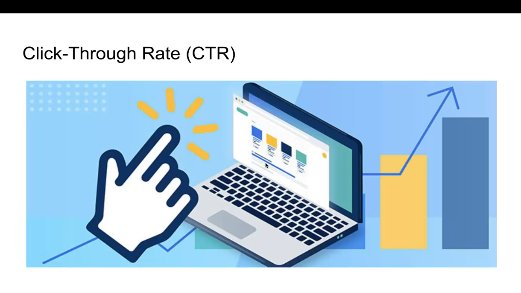If you want your Google Ads or other pay-per-click campaigns to perform well, you need to understand and optimize your click-through rate. It's critical. It's something that a lot of marketers obsess over because it's important, right?